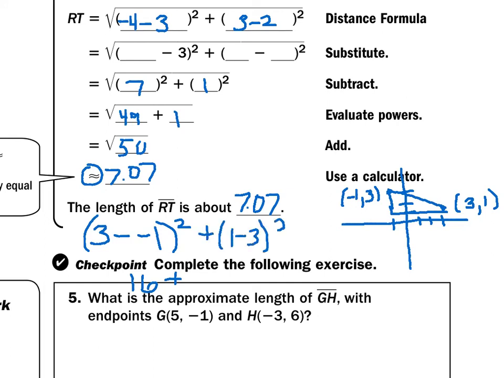It's -2. -2 squared is positive 4. So the length of this line is the square root of 20. Okay? Okay, so go ahead and do the checkpoint at the end, and that wraps this up.